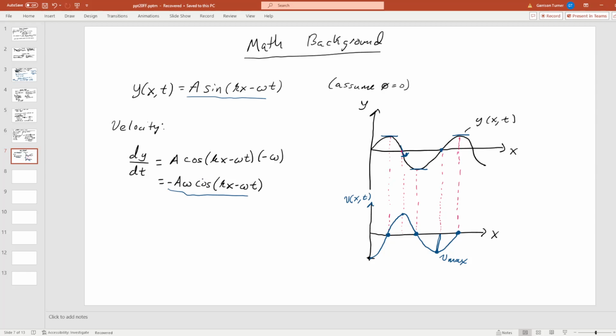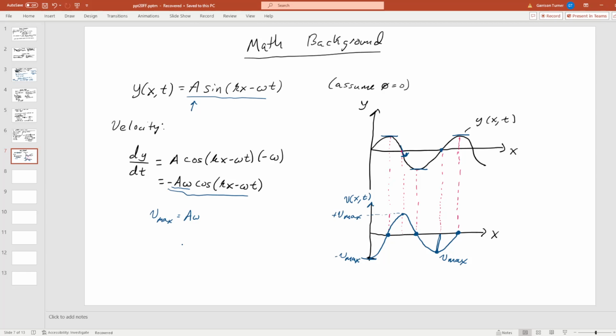But the only thing that really is different here is that your amplitude for your position is A, whereas your amplitude for your velocity, or your Vmax, so this would be negative Vmax, and this would be positive Vmax, is now given by your amplitude in position space times your angular frequency.